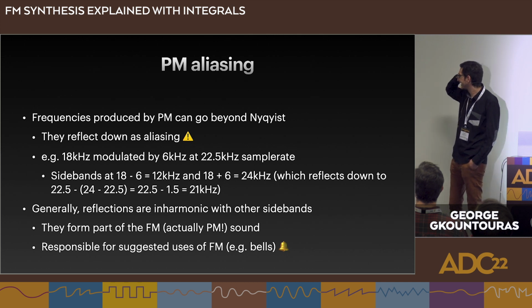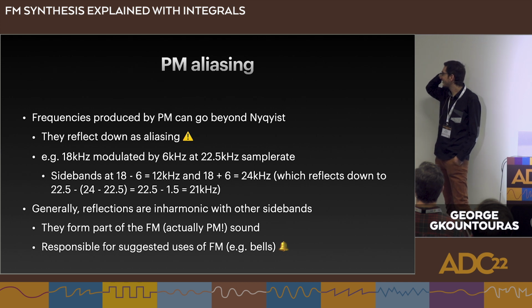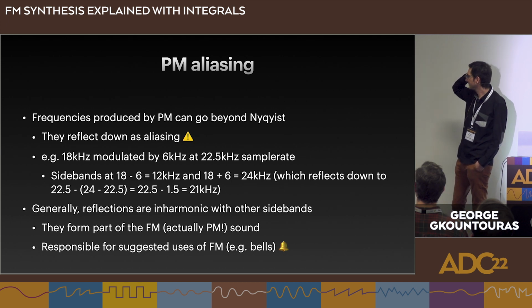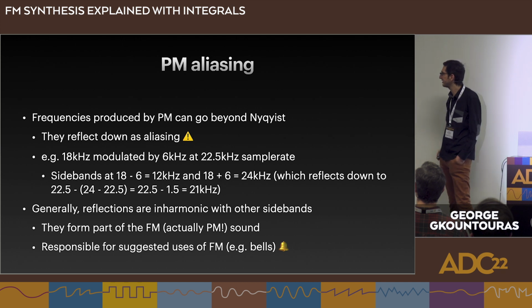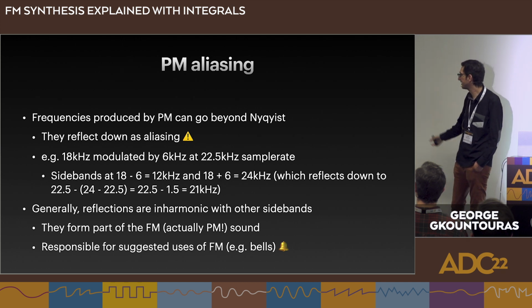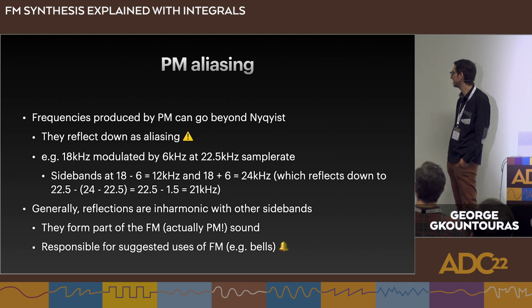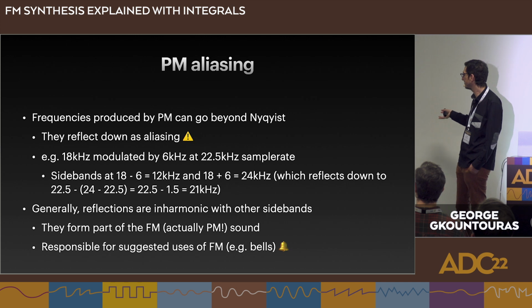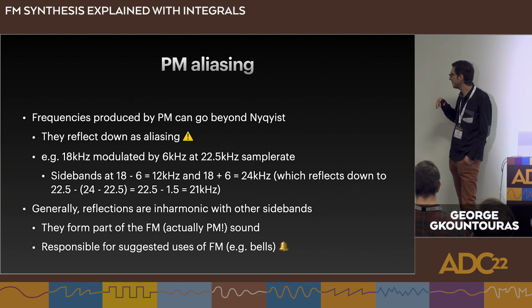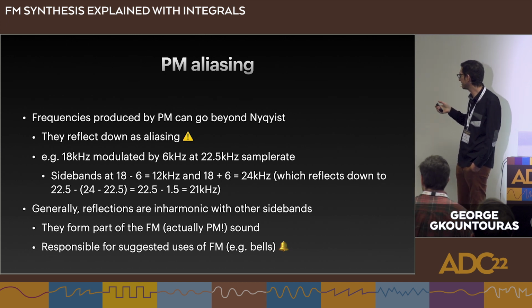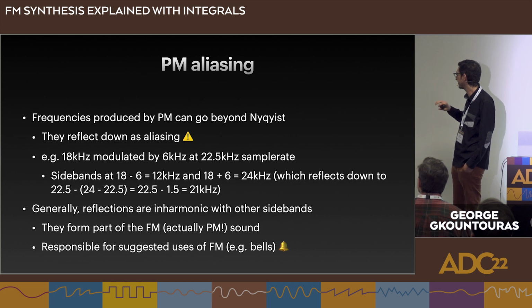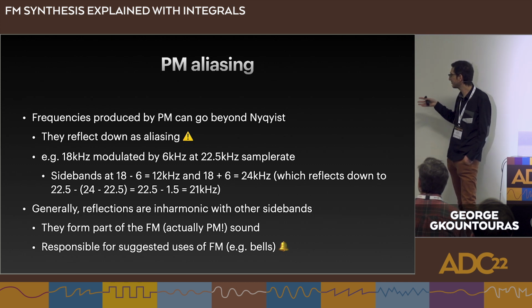But anyway, assuming we have this signal at 18 kilohertz, it's modulated by a signal at 6 kilohertz, both are sines. So we have two sidebands, the lower sideband and the upper sideband, and the upper sideband increases above the Nyquist limit.